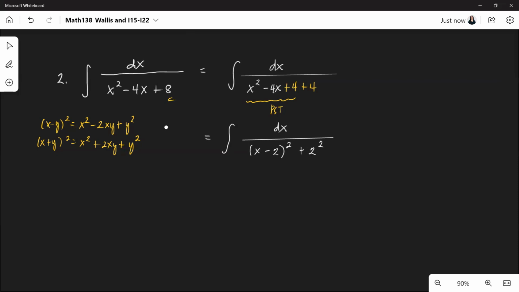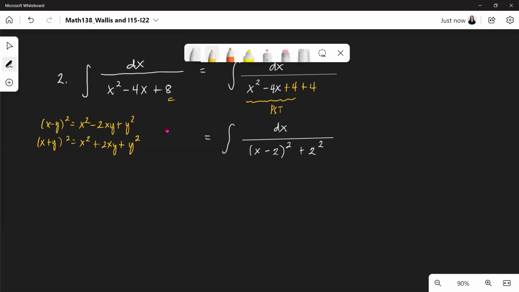Basically, the format is u squared plus a squared, where a is a constant and u is a function of x. You can, of course, interchange the terms.